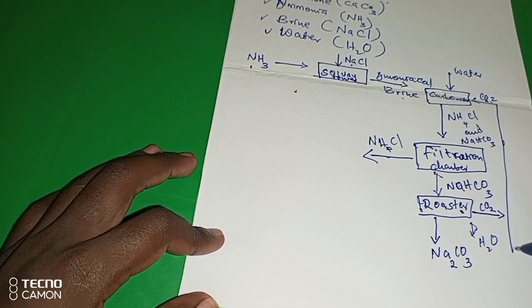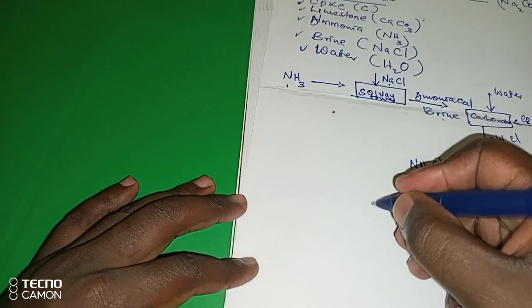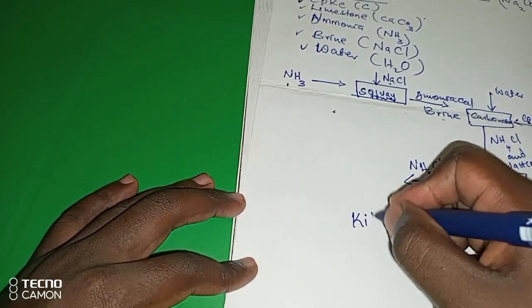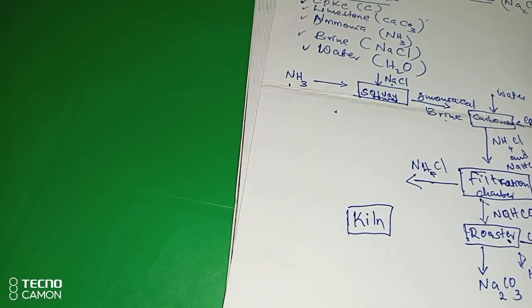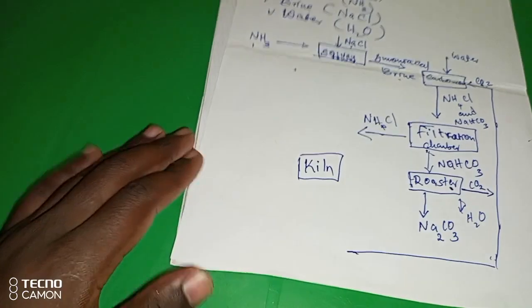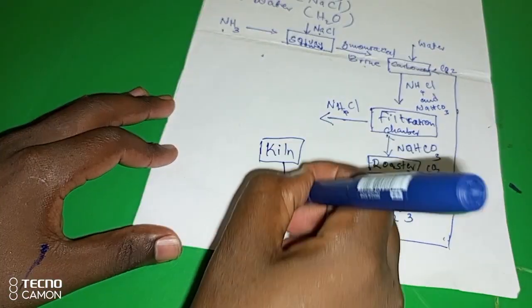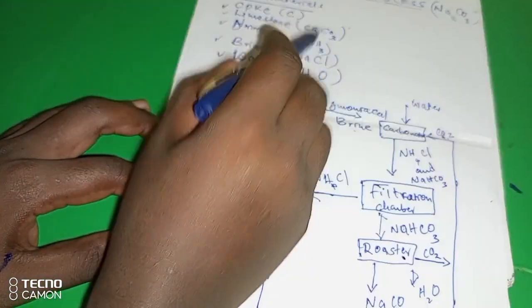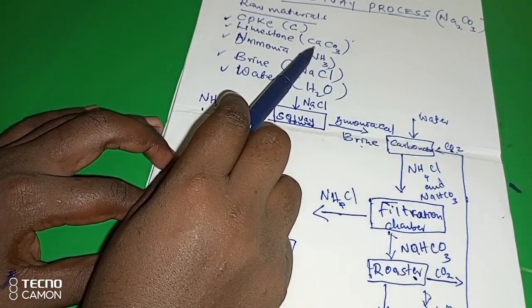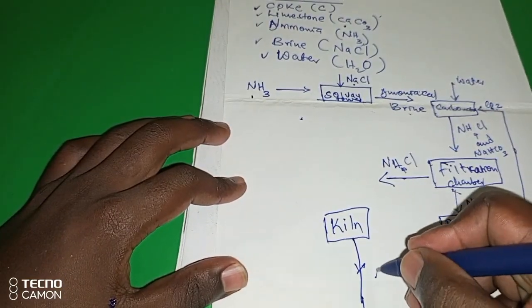We obtain it from another chamber. We refer to it as the kiln. In the kiln, we heat this limestone, that is the calcium carbonate, to obtain carbon dioxide.